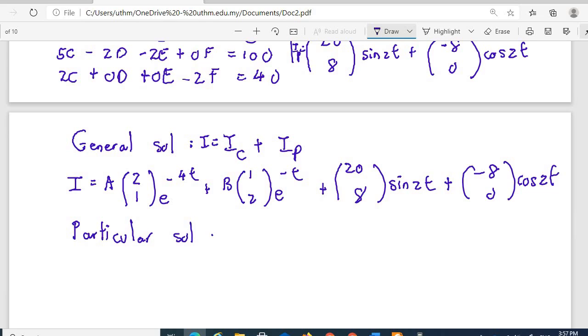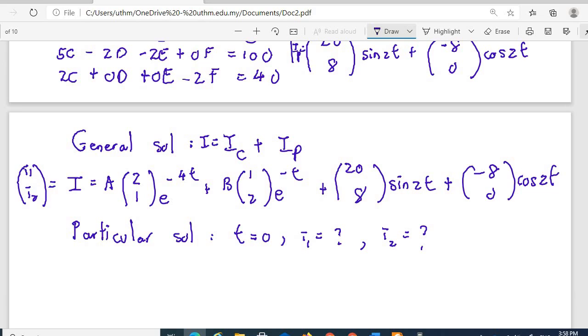To get the particular solution, they must provide, let's say, t equal to 0, and then what is I1? I1 equal to what value? And then your I2 equal to what value? And you plug in, solving for I1, I2.